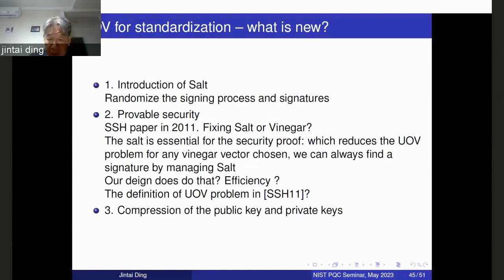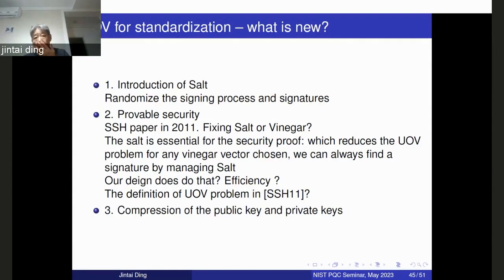If we cannot find a solution for the hash, then instead of choosing another vinegar, we change the salt and try again until we find a signature. Let me repeat: the salt was introduced to ensure that for any random guess of vinegar variables, we can produce a signature.